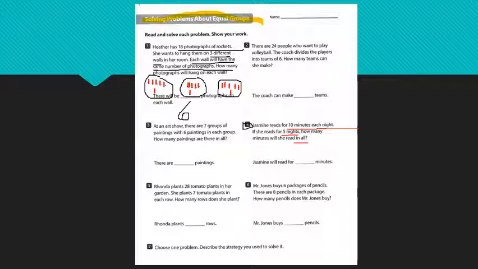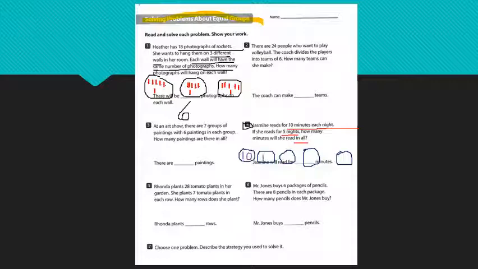So when I think about this, I'm going to draw a picture. I know that she'll be reading for 5 nights, so I'm going to draw 5 groups. And I know that she reads for 10 minutes each night, so I'm going to write the number 10 in each of my groups that are representing nights.